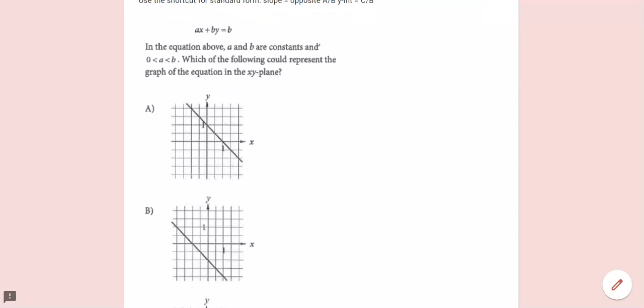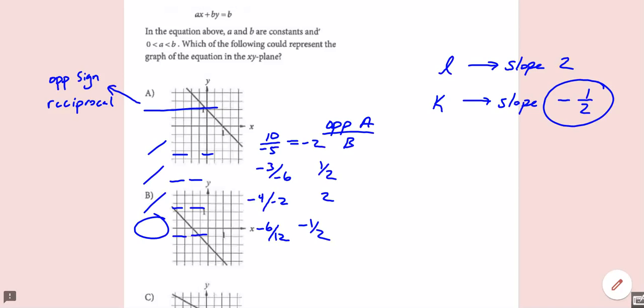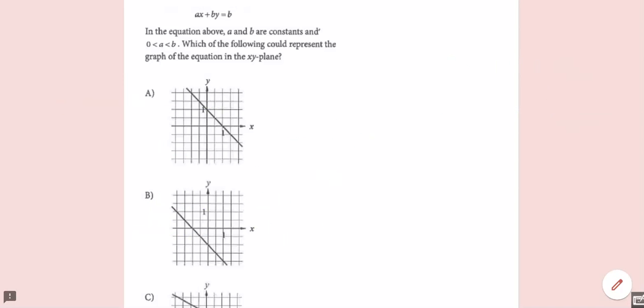Number 5. This one is a little bit tricky because they don't give us any numbers. So this is one of their harder types. But I noticed the format's a little bit different. We have AX plus BY, but instead of C, the B repeats itself. So just kind of think of a situation. Well, I go to the next clue, it says A and B are constants.